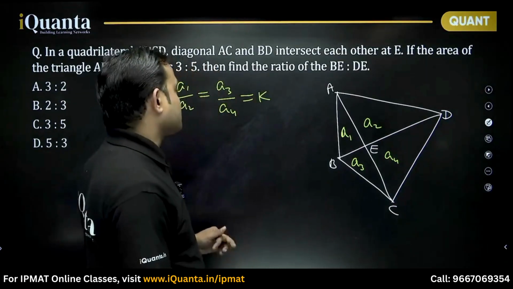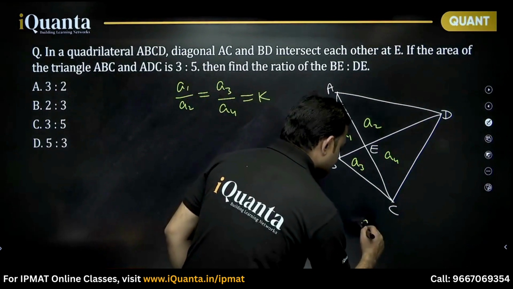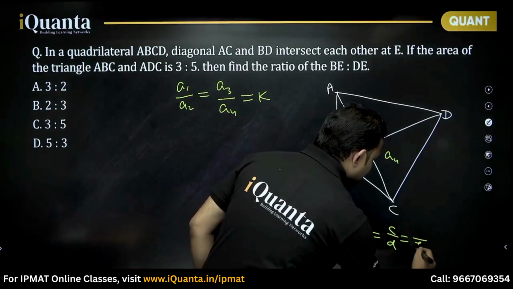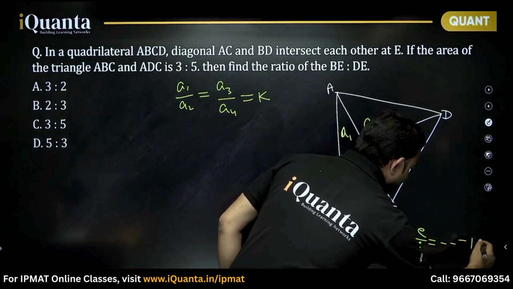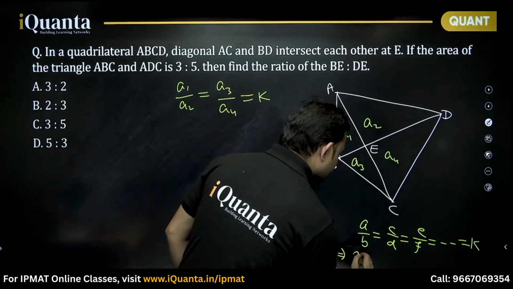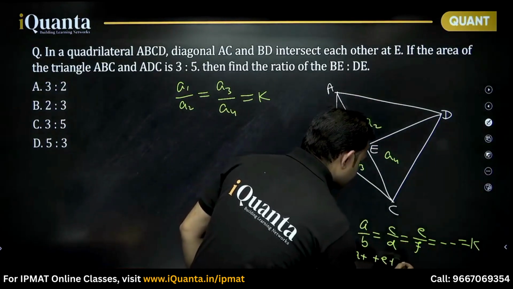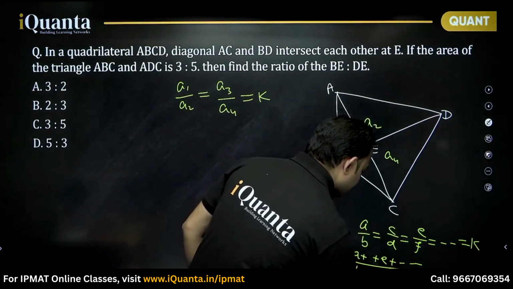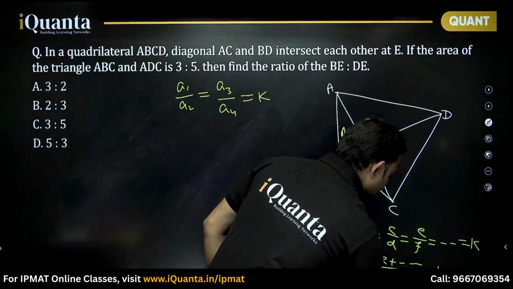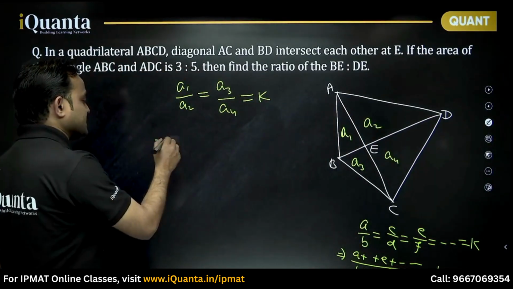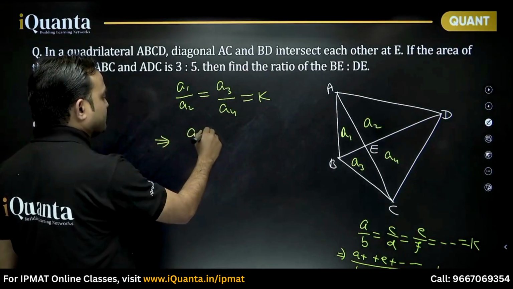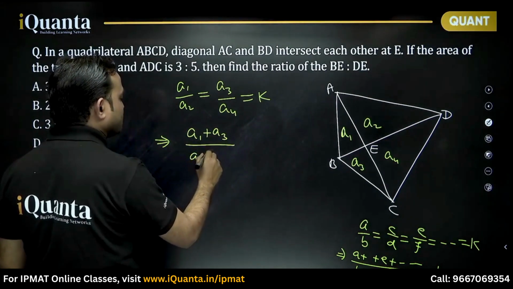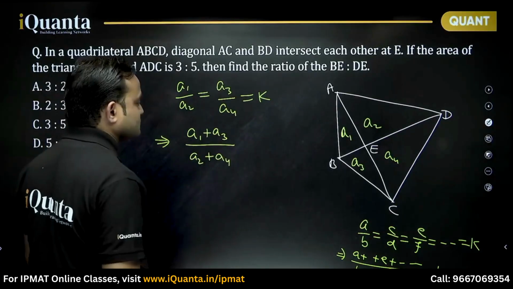Now, in ratio and proportion, there is a very interesting concept that if A by B is equal to C by D is equal to E by F and so on is equal to K, then we can say that A plus C plus E in the numerator, B plus D plus F in the denominator and so on is also equal to K. So using that, can we say that A1 plus A3 upon A2 plus A4 is also K, right?